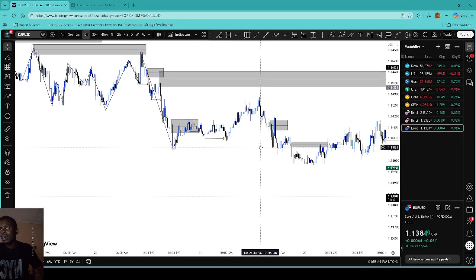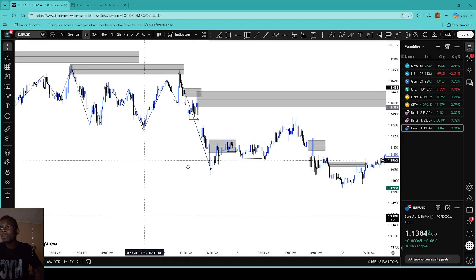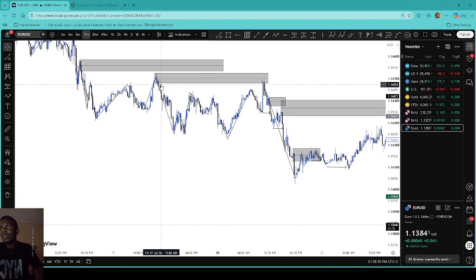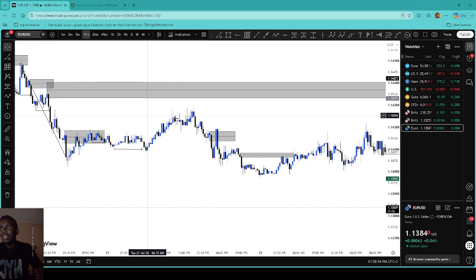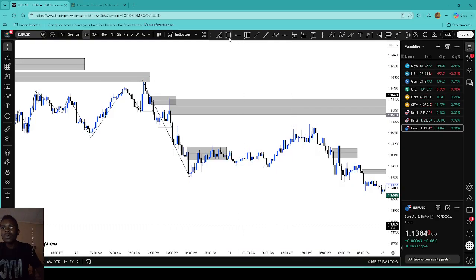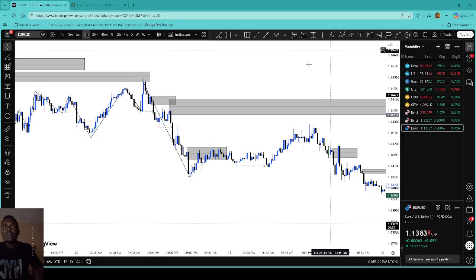For example, if we look at most of the order blocks we've identified over here, apart from this one and this one that we began with, we can see that this is a good example. We have a gap in between these three candles. Are we together?